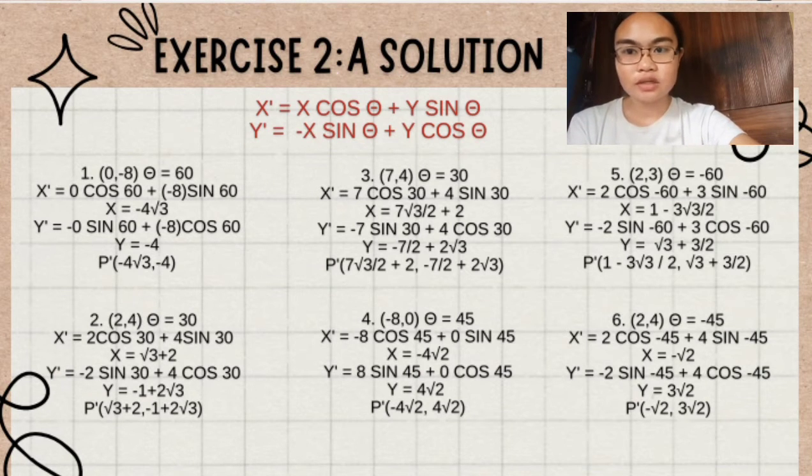So for our number 3, given our p 7 and 4, and for our theta it is equals to 30. So x dash is equals to 7 cos 30 plus 4 sin 30. So our x is equals to 7 square root of 3 over 2 plus 2.